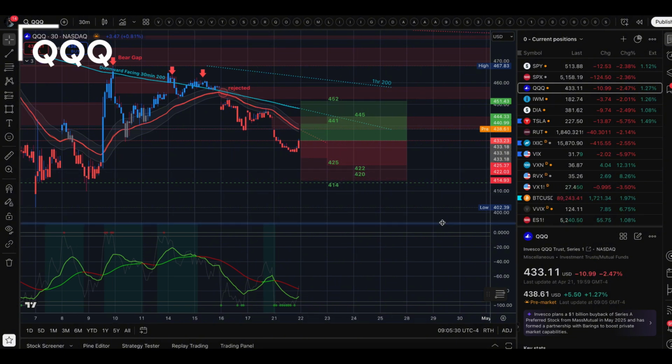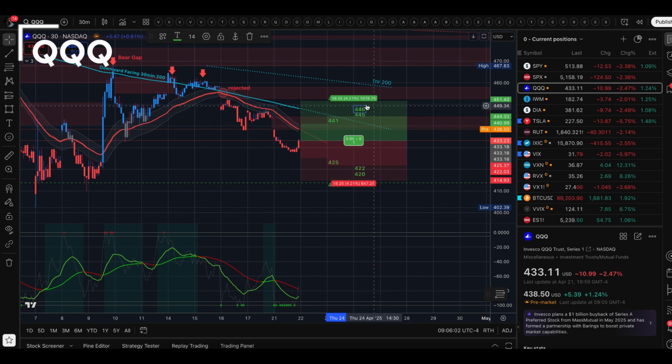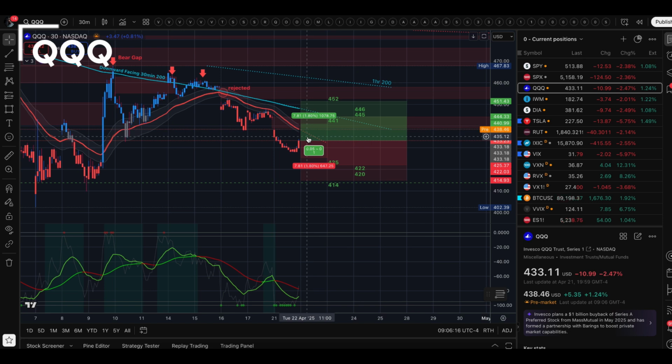Then 441 plus 445 plus 452 divided by 3 is 446. So 446 to the upside. Those are going to be the strikes that I look to. 420 to 446 is the most likely trading range for today, from implied volatility from options and 30-day average volatility from the charts.